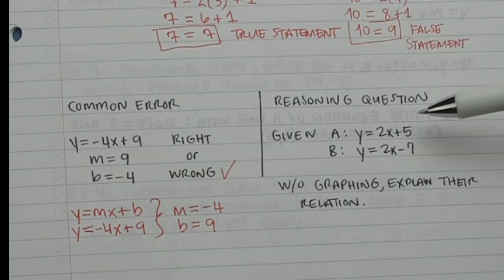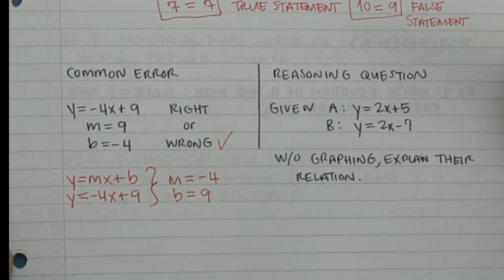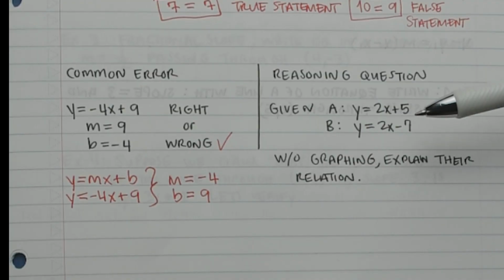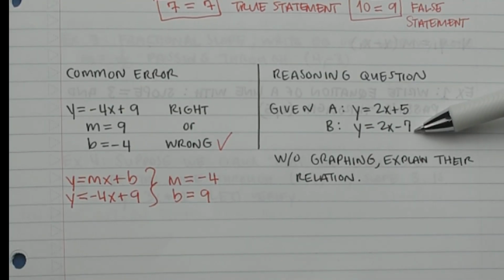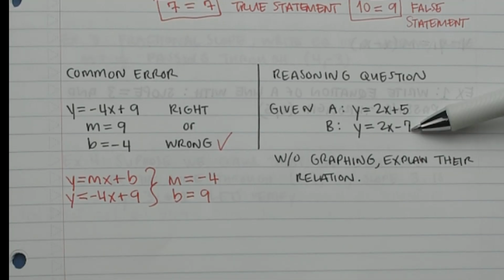Now, to enhance your reasoning, suppose you're given these two lines: y equals 2x plus 5 and y equals 2x minus 7. Without graphing these, how would you explain how the lines are related?